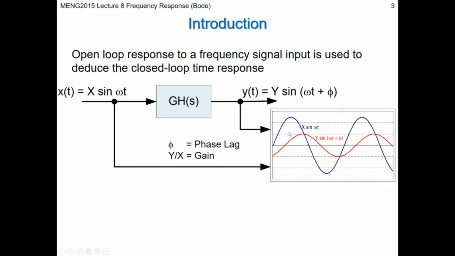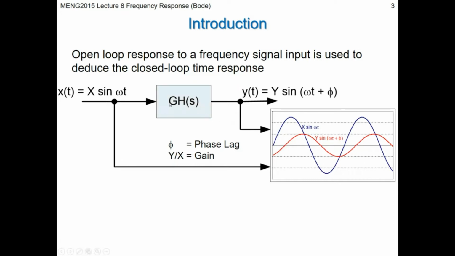So we could actually compare the two signals, basically just tapping the signal on the input here, and then also tapping the signal on the output, plotting these against each other. So we have the input blue signal and the output red signal. We can see that the magnitude of the output is less than the magnitude of the input.